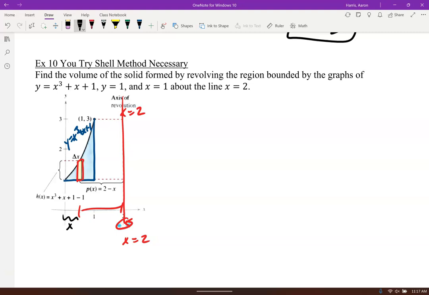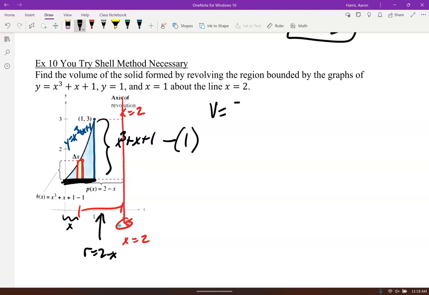Remember the distance out is x. So our radius is 2 minus x. Our height here is that x cubed plus x plus 1 minus 1, since it bottoms out at y equals 1 there. So it's just x cubed plus x.